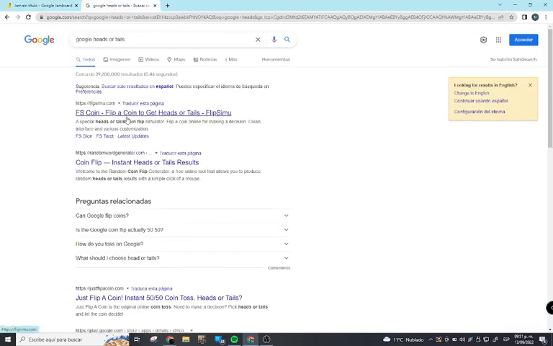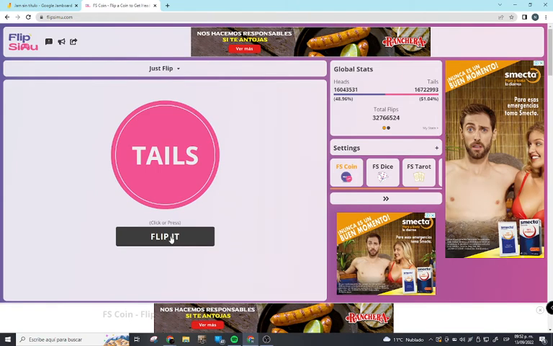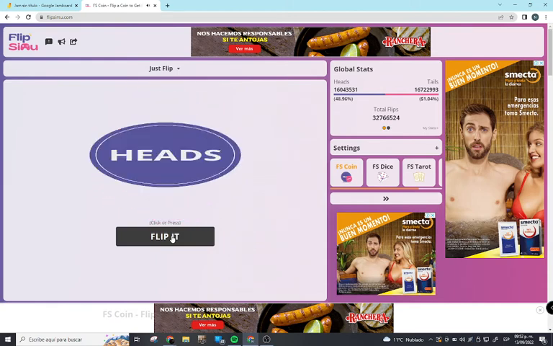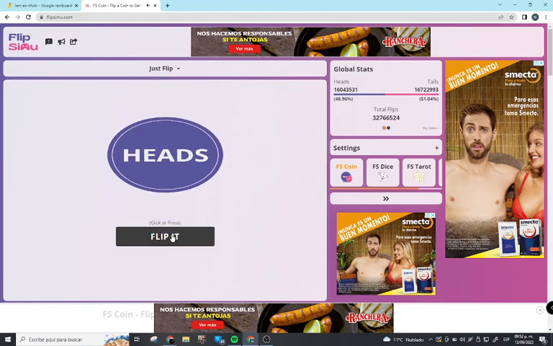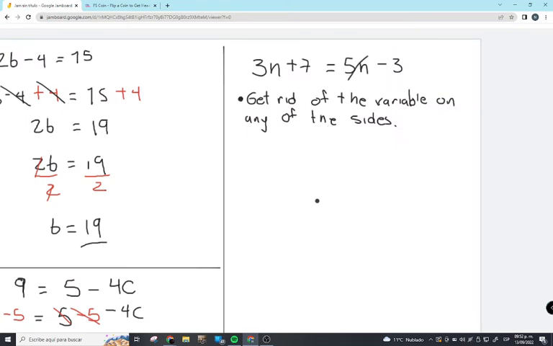It doesn't matter. Okay, so let's flip it. Remember, heads, left, tails, right. Tails. So we are going to get rid of the variable here. We are going to get rid of this one.